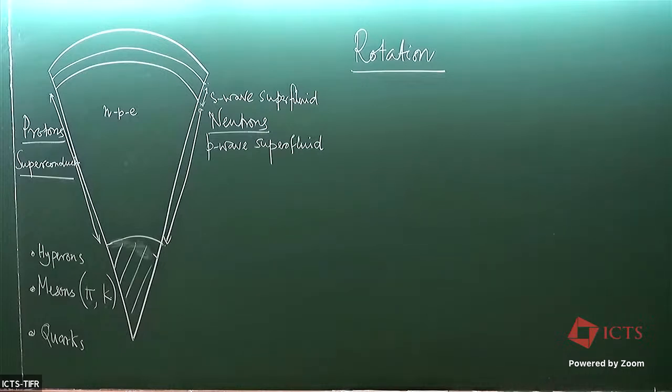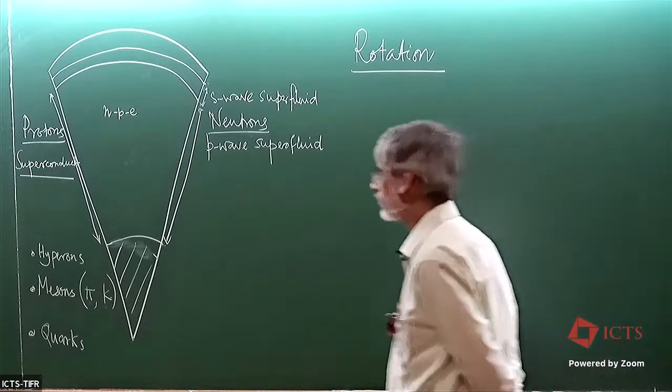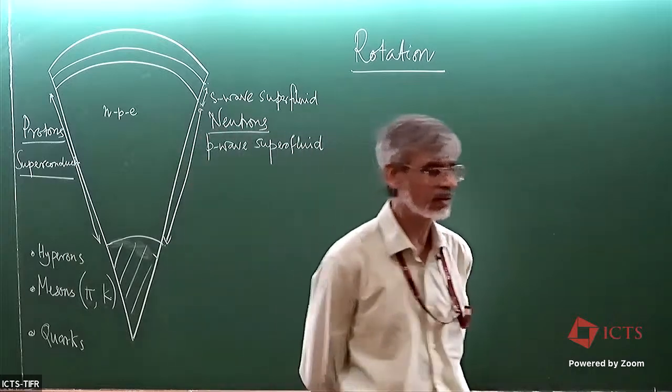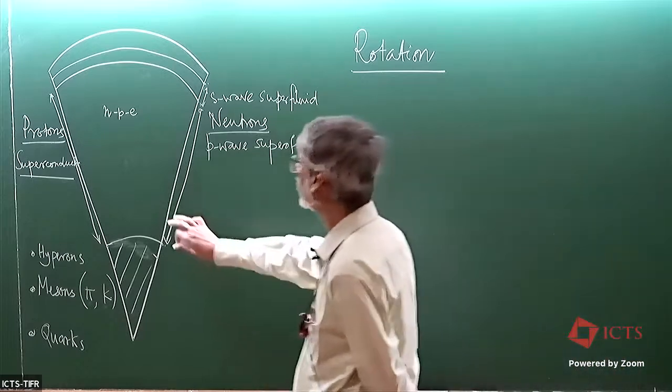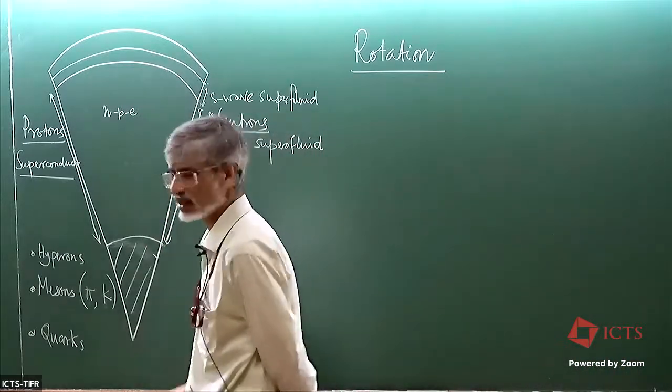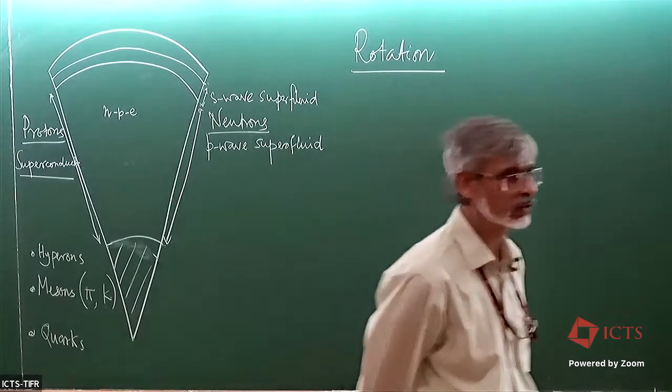The whole neutron star is rotating rigidly. Everything is coupled to each other. But in the system that we now have, we have a solid crust, and a large part of the matter in the interior being superfluid.